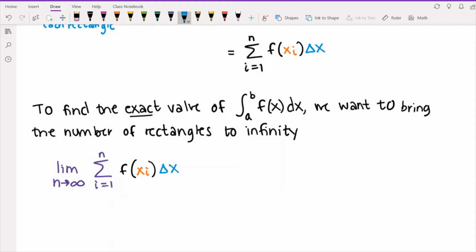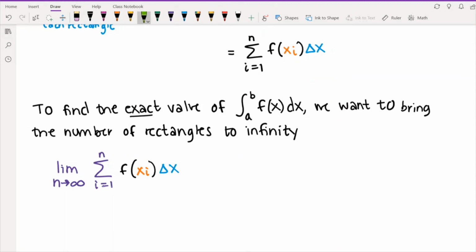I know this looks like a lot. This is a lot going on. But if you understood this step up here, what was this about? This was just saying we're adding up the areas of a bunch of rectangles. That's really all I want you to see that as.